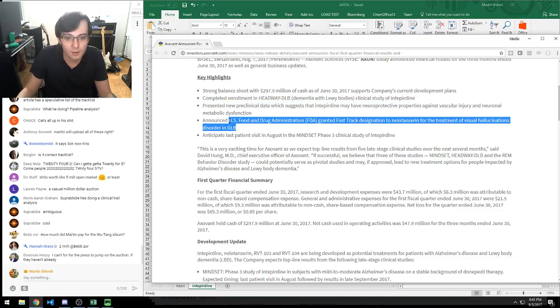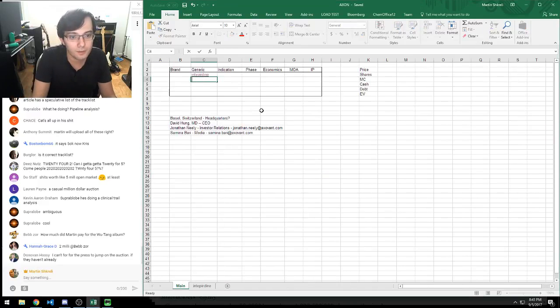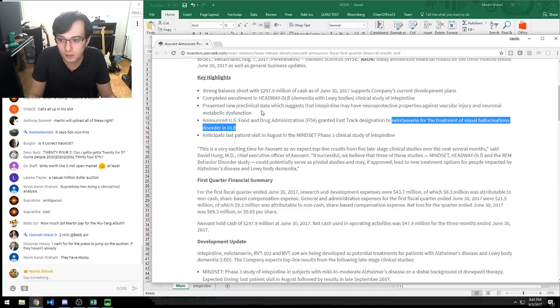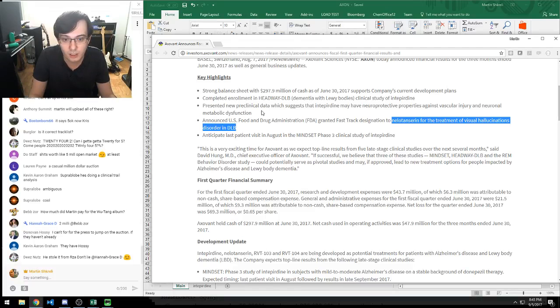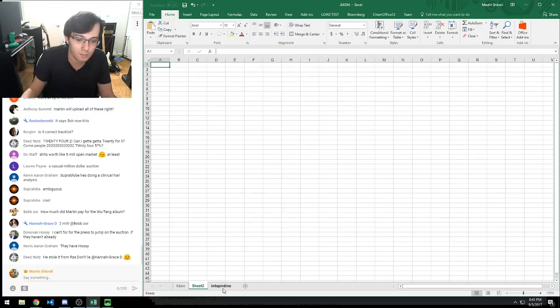Announced U.S. FDA granted fast-track designation to nelotanserin. Okay, so that sounds like a second drug, so let's write that down. Nelotanserin, and here in indication we can write Lewy body dementia. Fast-track designation to nelotanserin for the treatment of visual hallucinations disorder in Lewy body dementia. I guess they say DLB, which is dementia with Lewy bodies, but I think most people still say Lewy body dementia, although they would know better than I would.